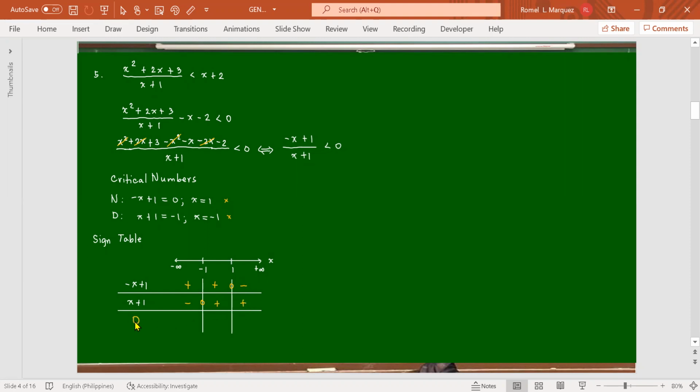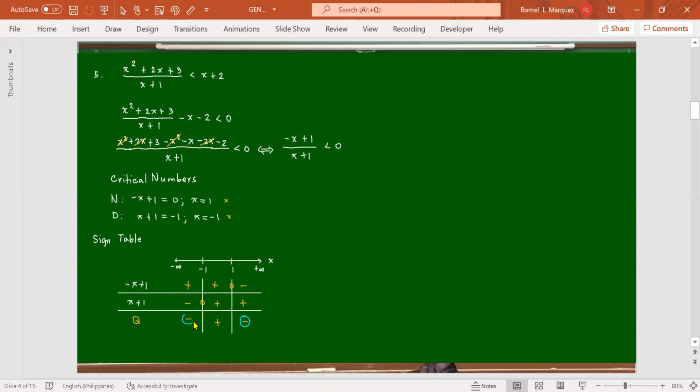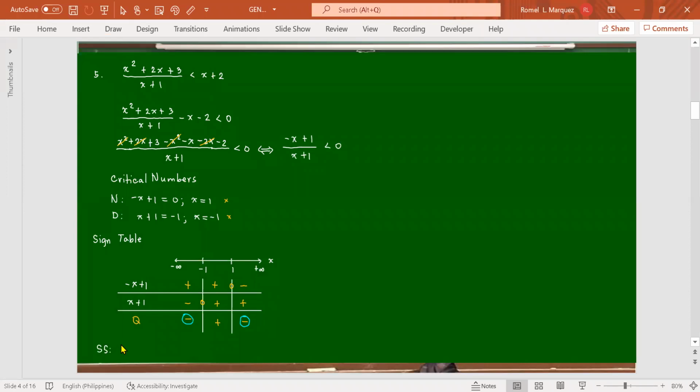So what is the quotient, guys? Negative, positive, negative. What am I going to choose? Negative, because less than, no? What is now the solution set? Set of all x such that x is less than negative 1 or x is greater than 1.